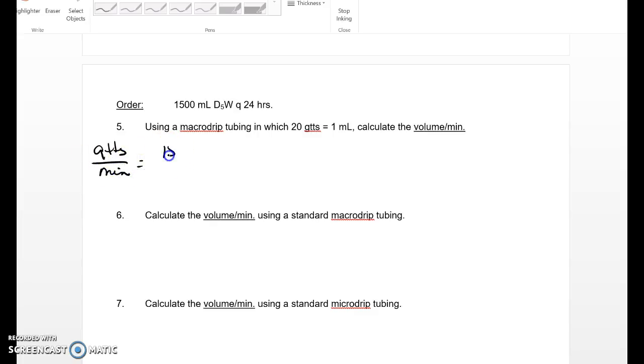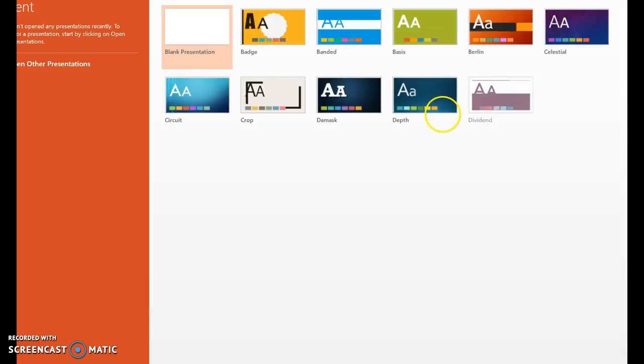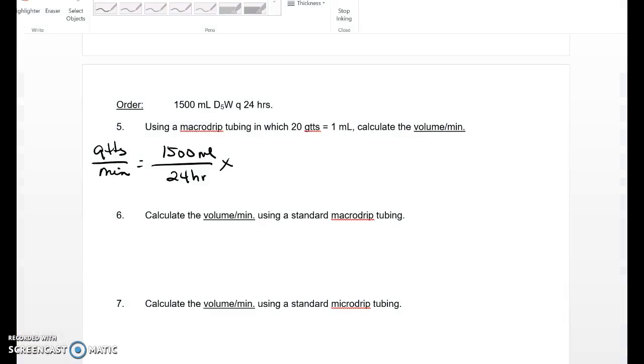And we're going to give 1,500 mLs over 24 hours. And we need our drop factor here. Let me put the 60 minutes, and 20 drops per ml.